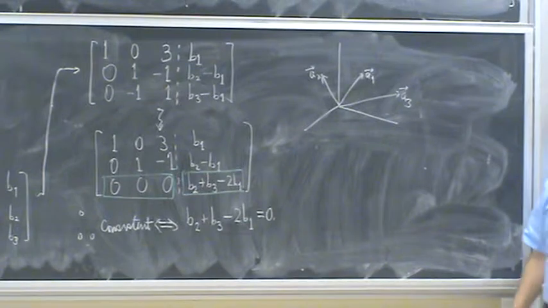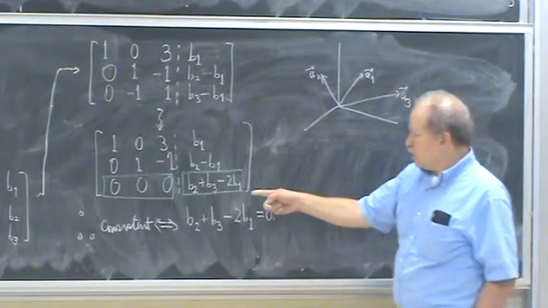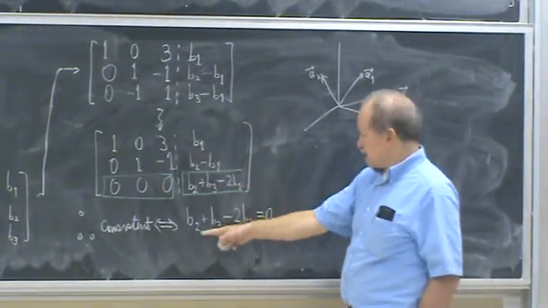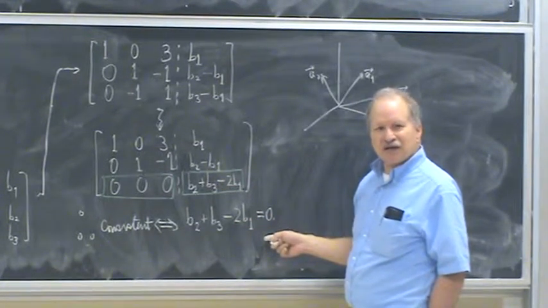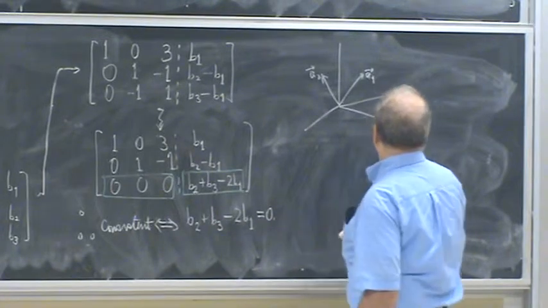It's not all of R3. Yeah. Because in order for a vector to be in the span, it has to satisfy this equation. What do you think that makes the span be? A plane.